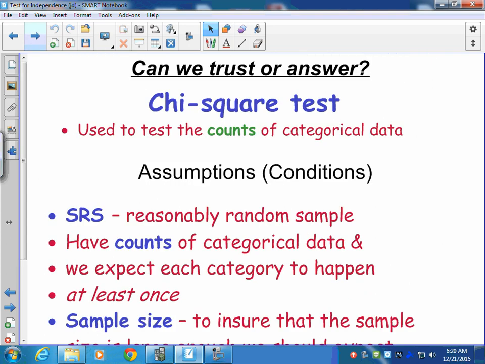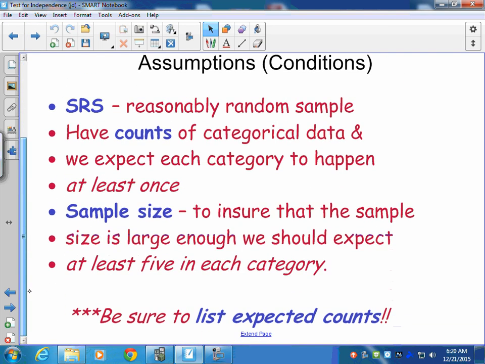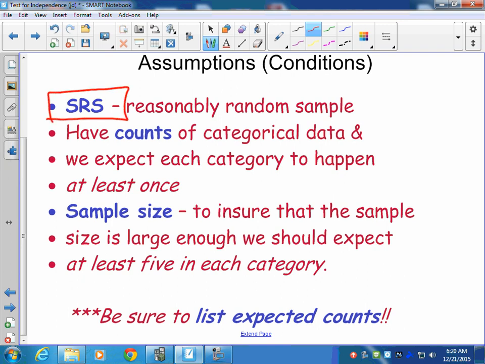So now, we always start with the first thing. Can we trust our answer? What are the assumptions or conditions that we have to test? The good news, chi-square never changes. Our assumptions are only two: simple random sample of values and our expected counts.